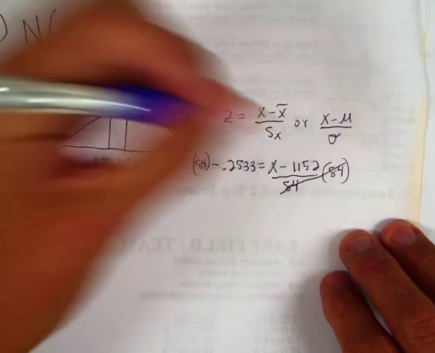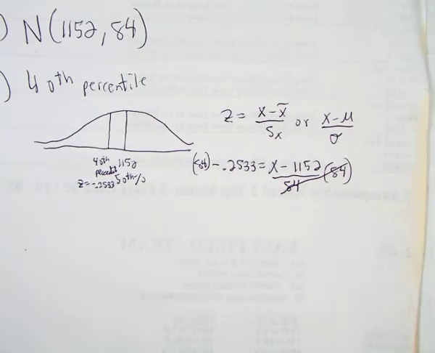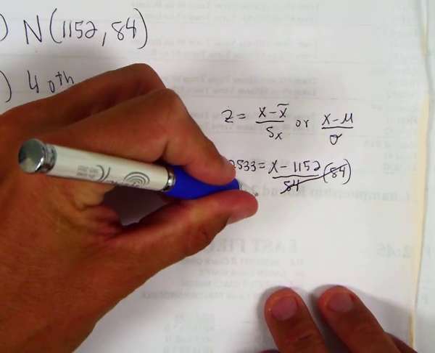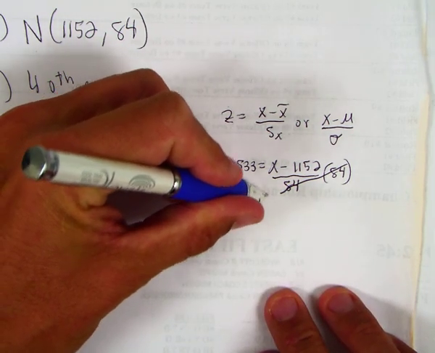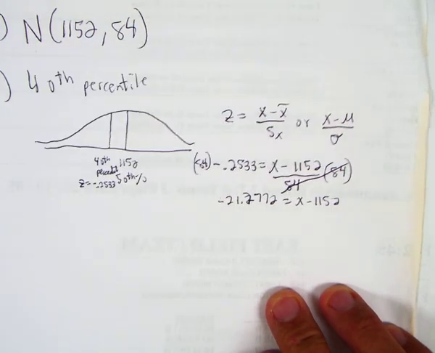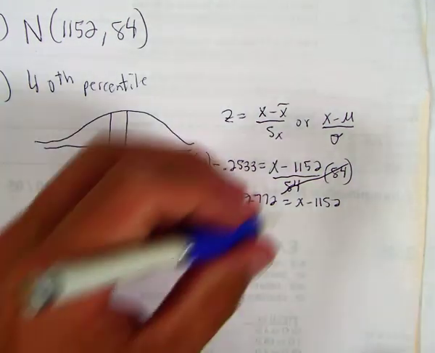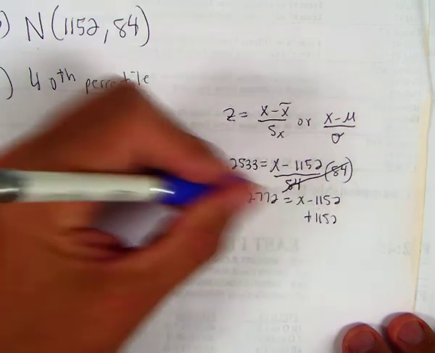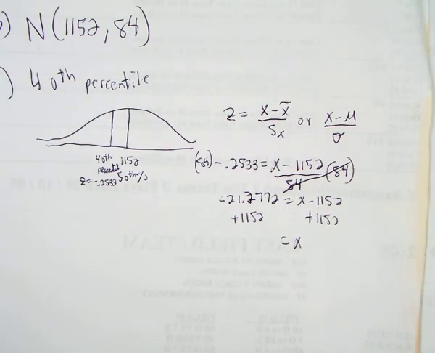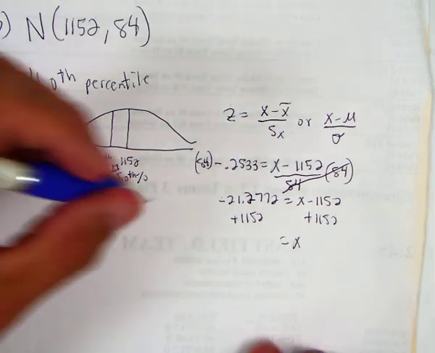So that crosses that out. So 84 times negative 0.2533 is negative 21.72772 equals x minus 1152, and then obviously we add 1152 to both sides, and we get x is 1130.72.